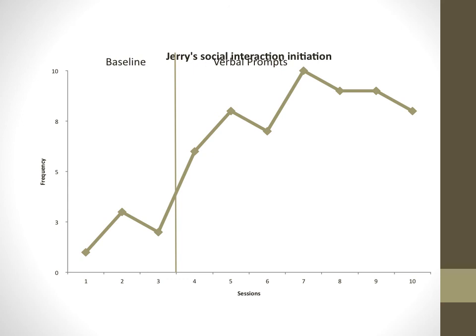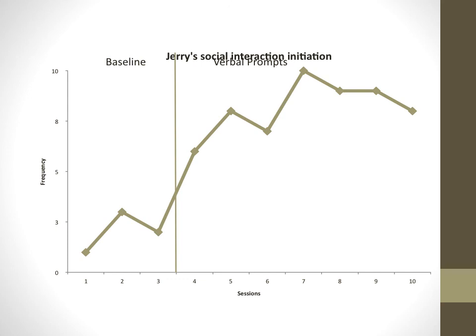And then you have to label the whole graph using your student name and target behavior. For example, in this graph, the label of this graph is Jerry's social interaction initiation. So this person's target behavior can be the title of this graph.